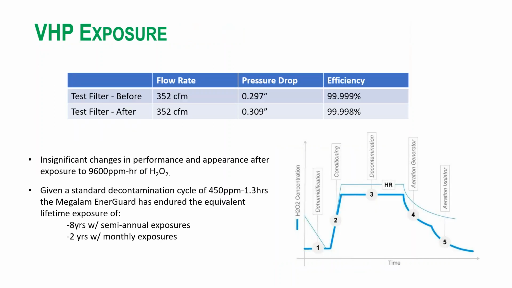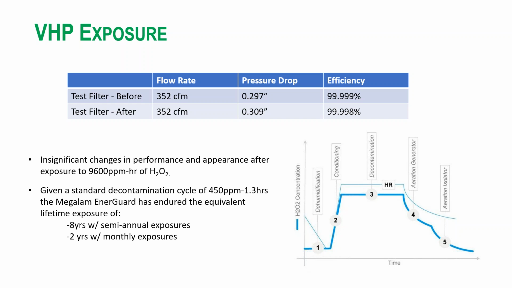The other study that was done was on VHP, or vaporous hydrogen peroxide, exposure. I know a lot of the labs in Canada use VHP as a decontamination agent. As a result, testing was done to determine that the media has no breakdown. There is some fake news out there about glass being eaten by VHP, and that's not true. It's only at extreme concentrations that glass breaks down under VHP exposure.